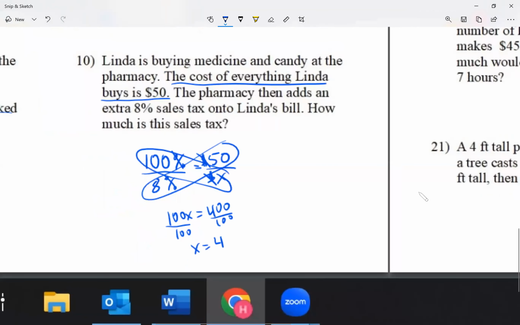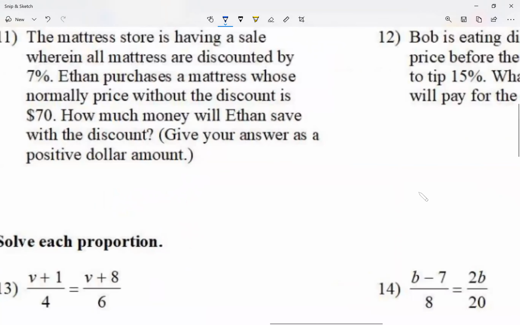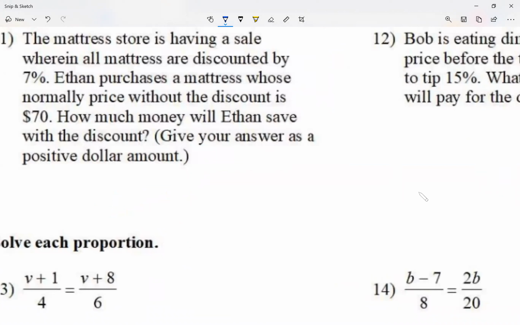All right, let's take a look at two more questions. Let's take a look at number 11. The mattress store is having a sale wherein all mattresses are discounted by 7%. Ethan purchases a mattress whose normal price without the discount is $70. How much money will Ethan save with the discount? Give your answer as a positive dollar amount.